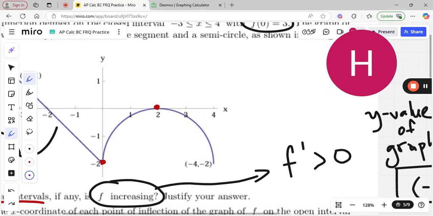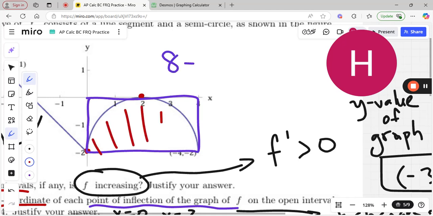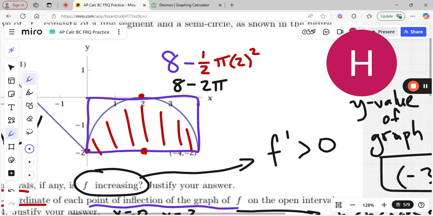Well, if we take the whole sort of rectangle here, that's just 2 by 4, so that's 8. Minus the half circle, that's a radius of 2. So we have 1/2, because it's a semicircle, of pi r squared. So this turns into 8 minus 2 pi. That's how much is down here. Now remember, this is underneath the x-axis.